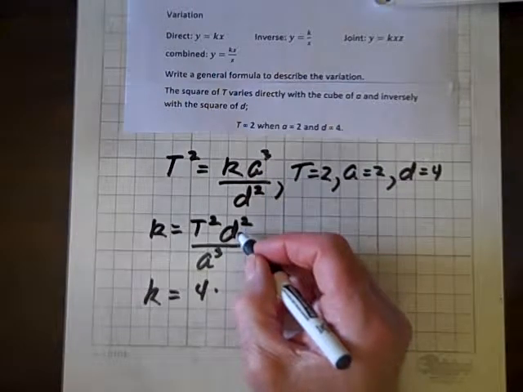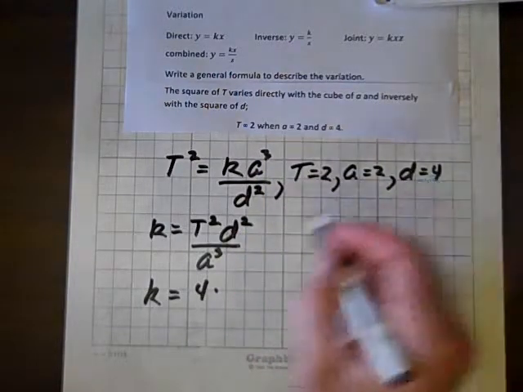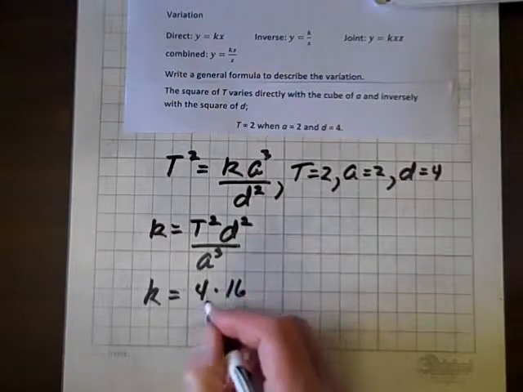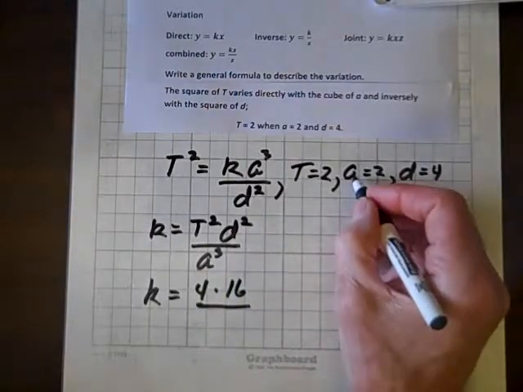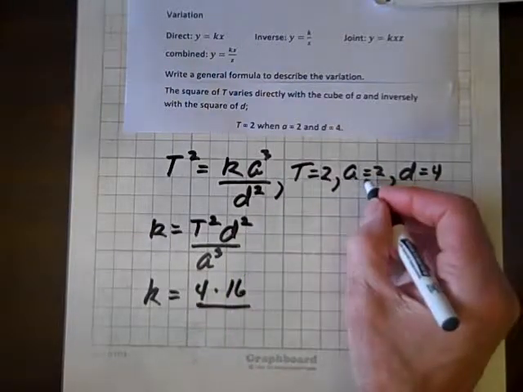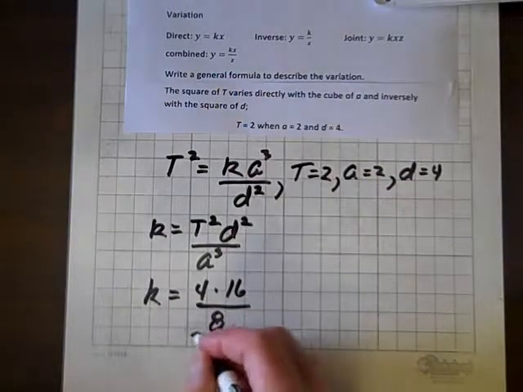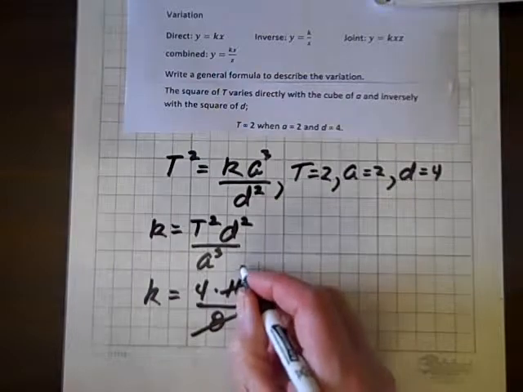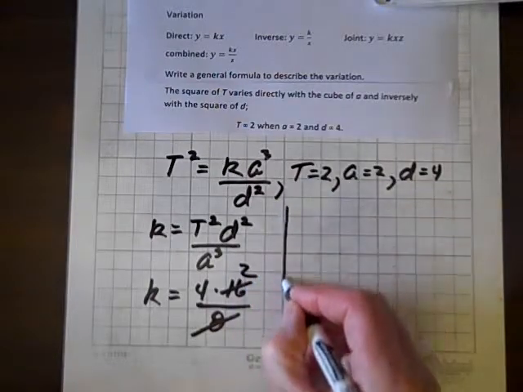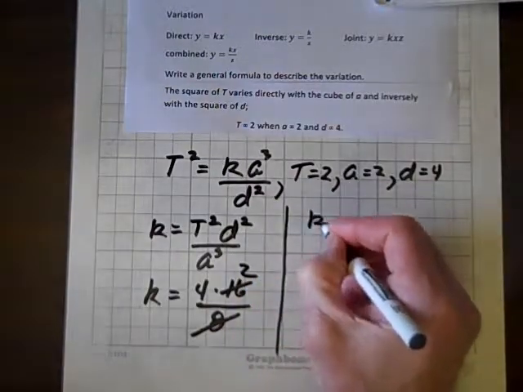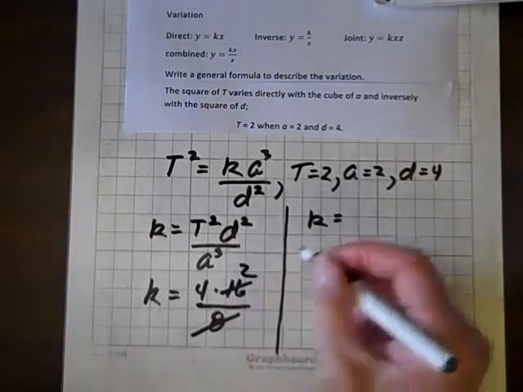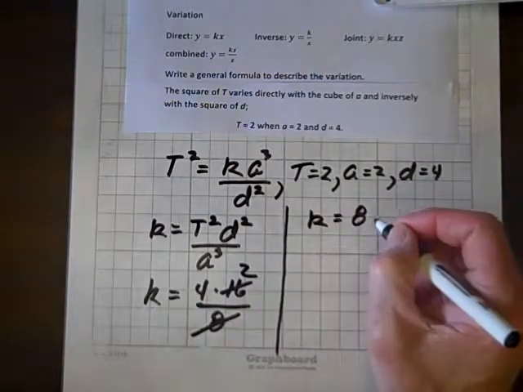D squared, if we square 4, we get 16. And a cubed, if we cube 2, we get 8. And 8 goes into 16 twice, so k equals 4 times 2, which is 8.